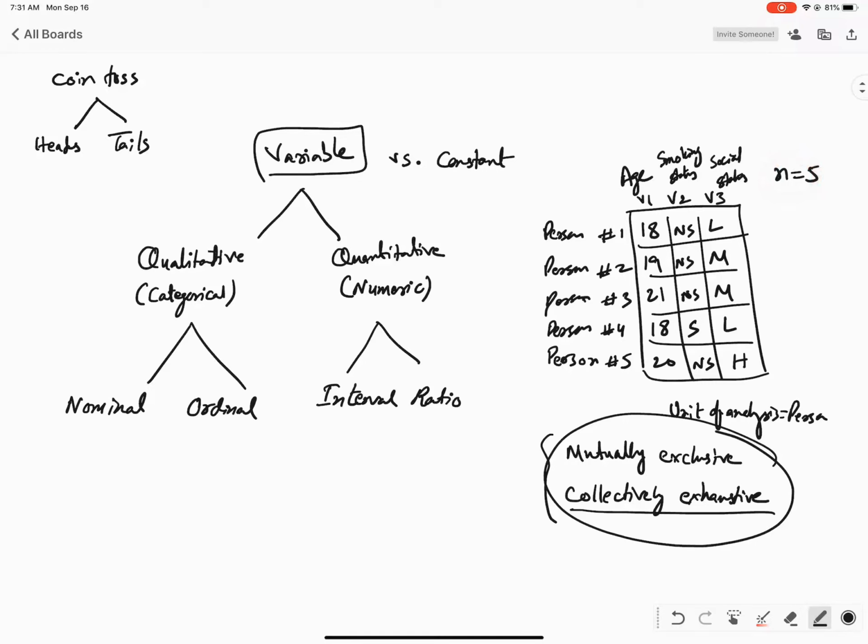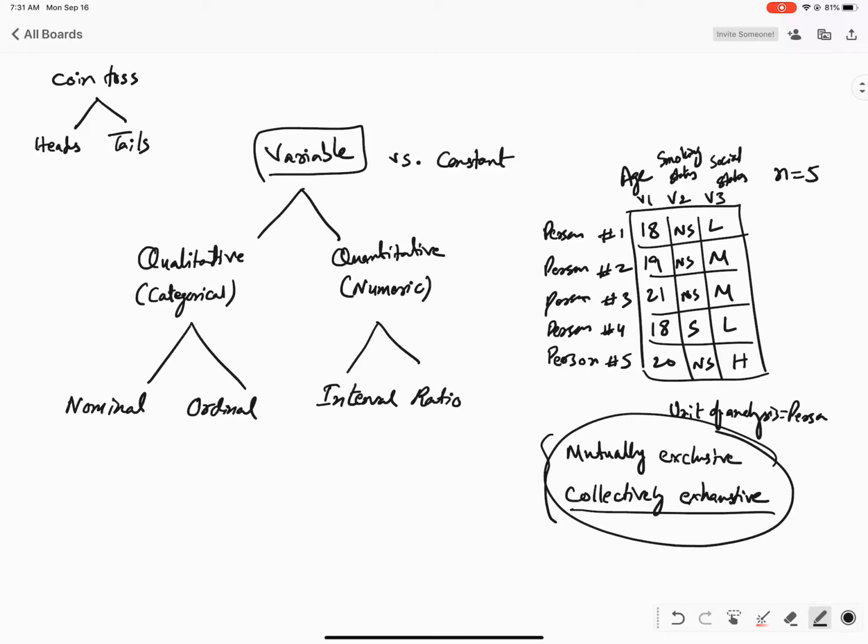For example, if I have 40 different students in my classroom and I split them into two groups based on their smoking status, one group of smokers, the other group comprised of non-smokers, then smoking status in this case is an example of a categorical variable. I've been able to create categories or groups of observations in my sample.